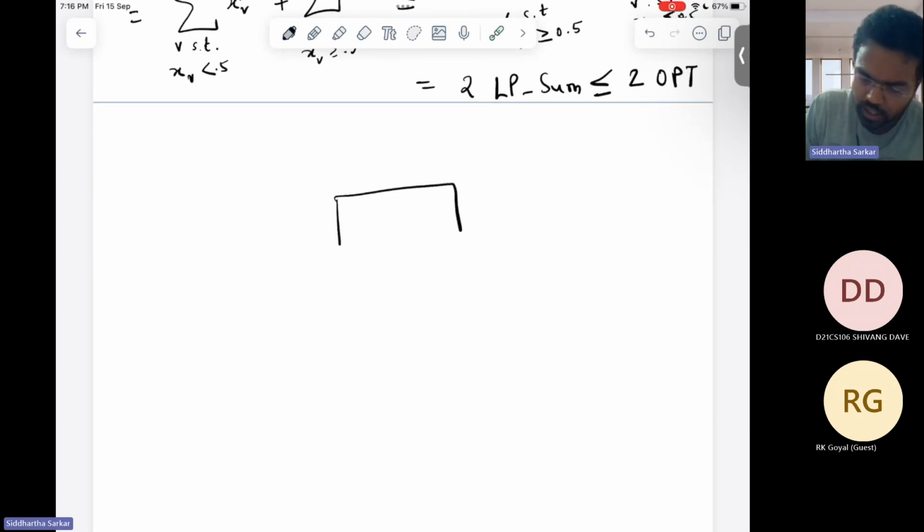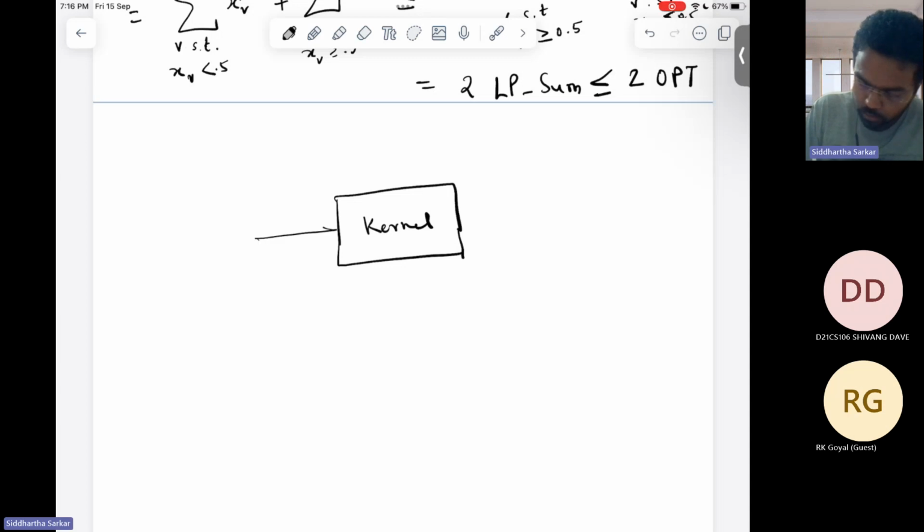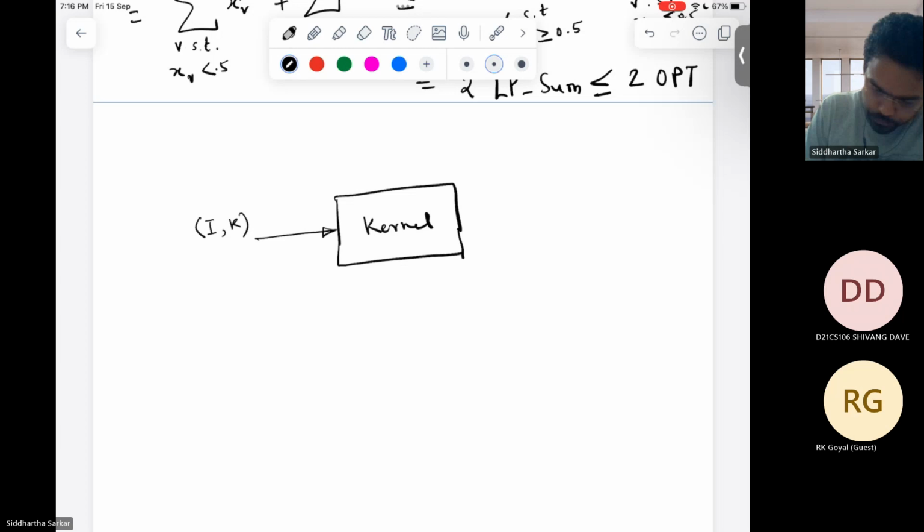So kernelization, or a kernel, is an algorithm. This takes as input some instance of the problem. An instance is denoted by I comma k. In the vertex cover setting, I would be the graph G, and k is the parameter.